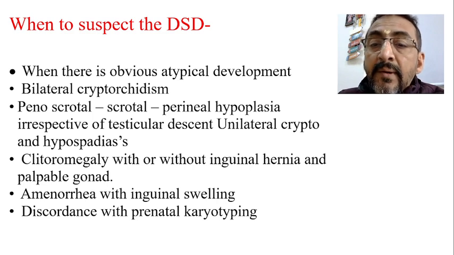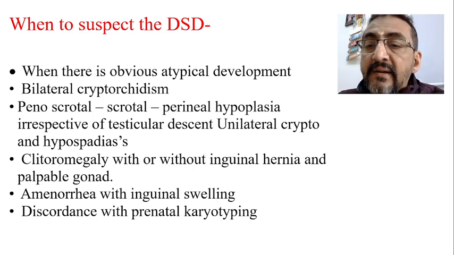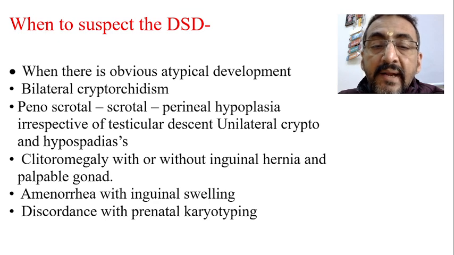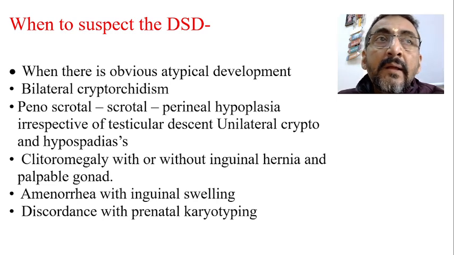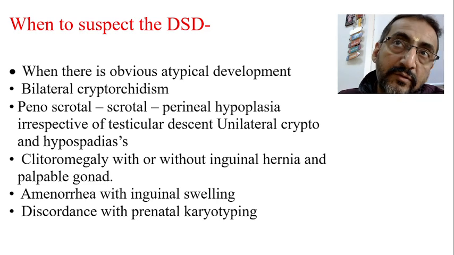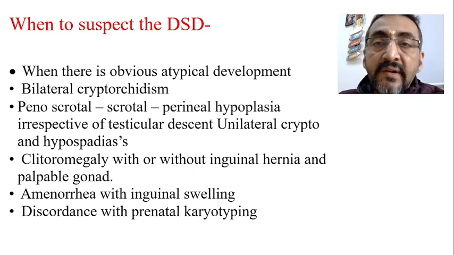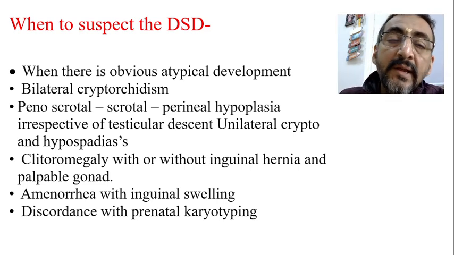Then amenorrhea with inguinal swelling, and discordance with the prenatal karyotyping. The karyotyping shows male, and the presentation is like a female, or vice versa. If such presentations are there, it is considered DSD.